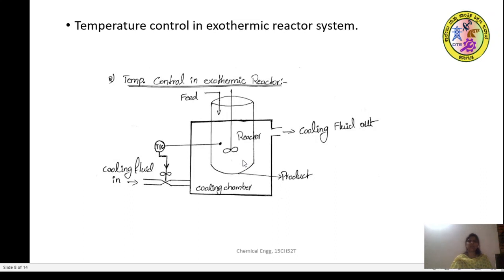Simply we can say that if it is beyond the set point of about 70 degrees centigrade, the control valve automatically opens to send the cold fluid inside the jacket. If it is less than 70 degrees or the required temperature, then it automatically closes. So this is how the temperature in an exothermic reactor system can be controlled by using an automatic controller system.